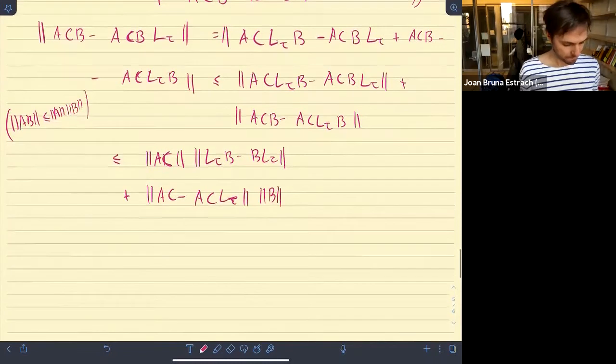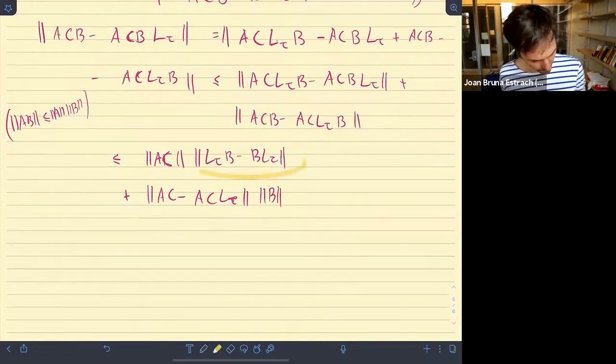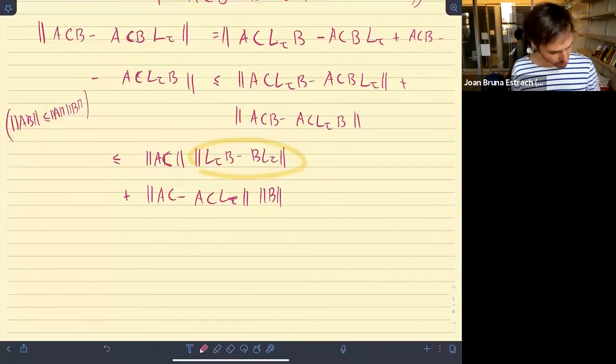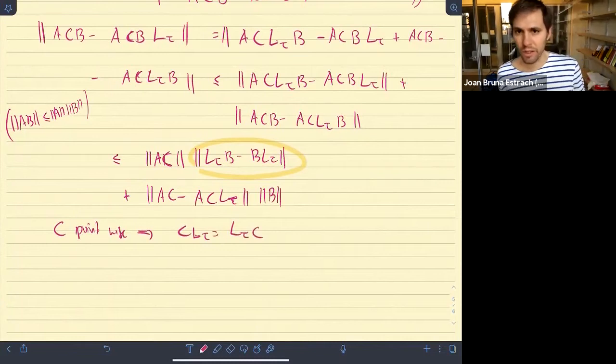Okay. So for the first term, we are already good, right? Because we know that this term is small, just because the operator B is assumed to be stable. We also know that C, of course, C pointwise implies that C with L tau is equal to L tau of C, right? There's no commutation error here, because the operator is pointwise.